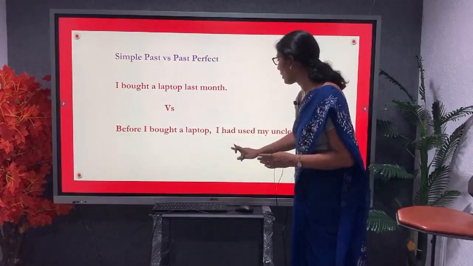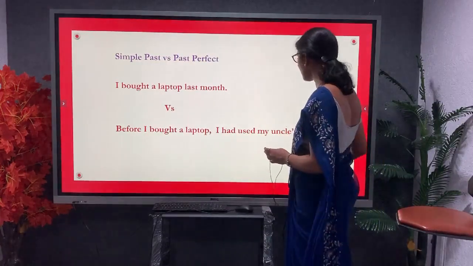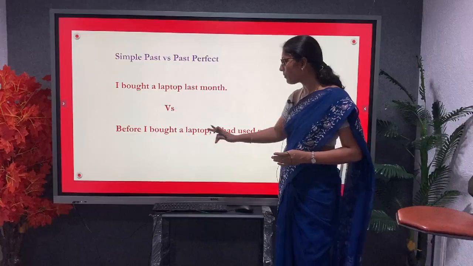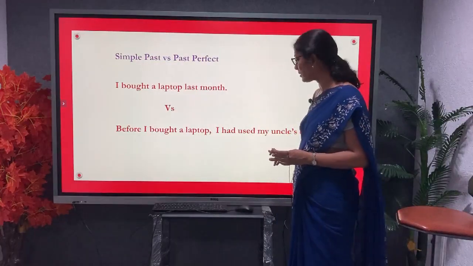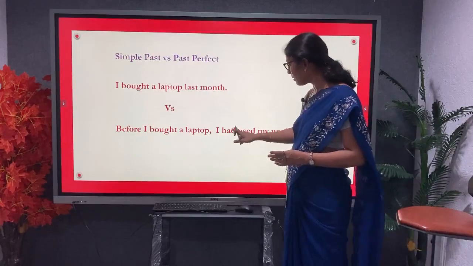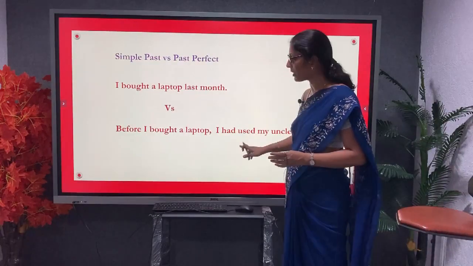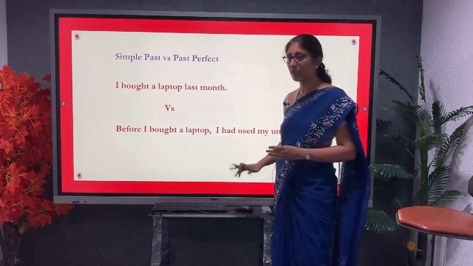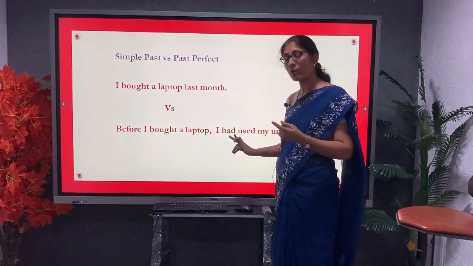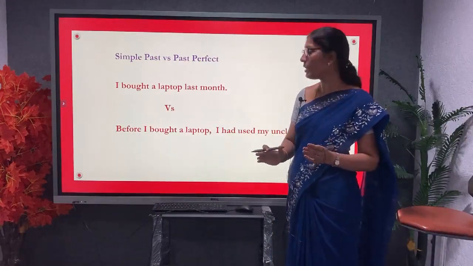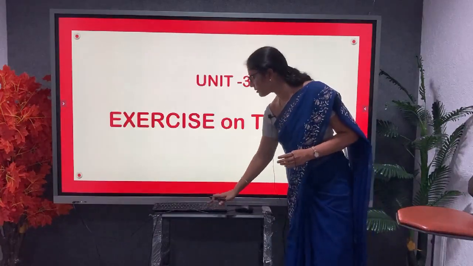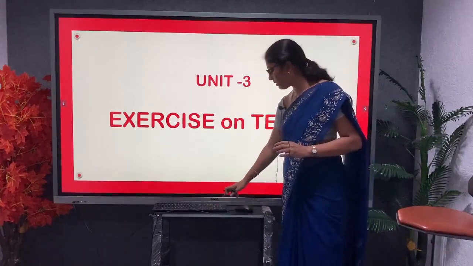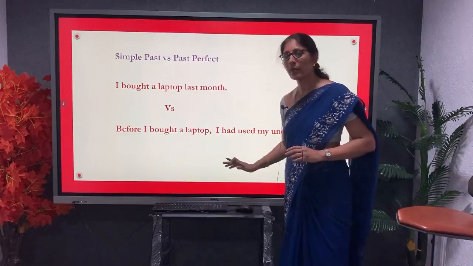So before I bought a laptop I had used my uncle's desktop. That means before buying a laptop I had used my uncle's desktop. So this was the earlier past action, this is the recent action. When you want to mention two past actions, then we choose this combination, simple past versus past perfect. Okay, thank you guys.